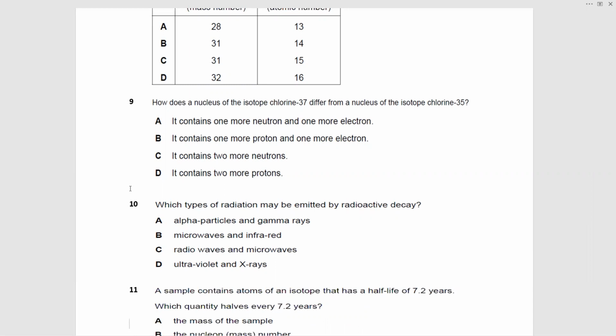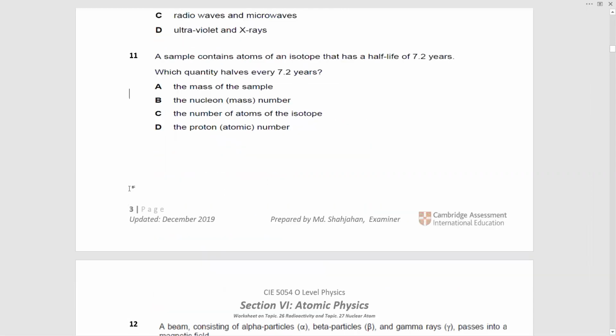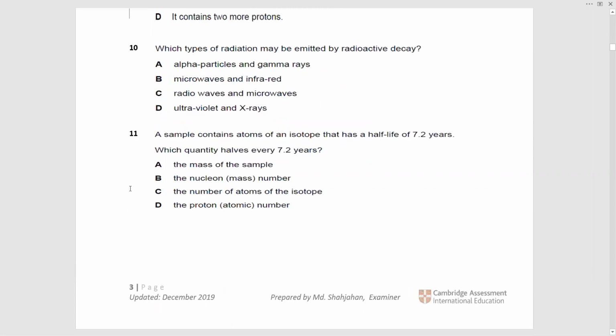Two more neutrons. Yes, correct. Ten. 10A. Yeah, correct.